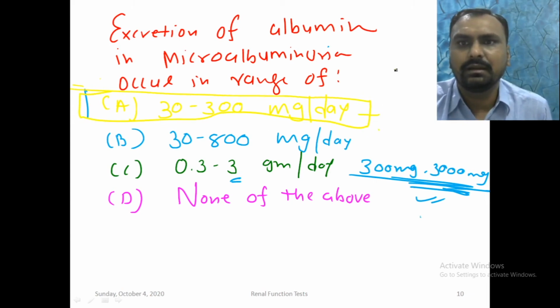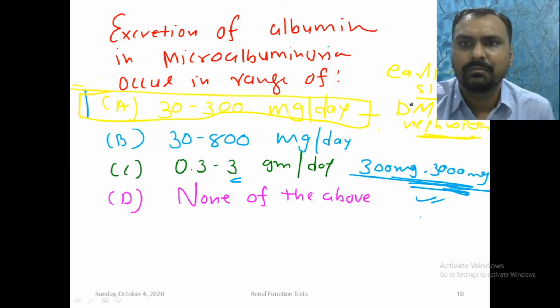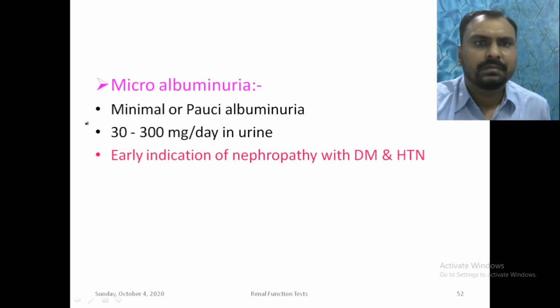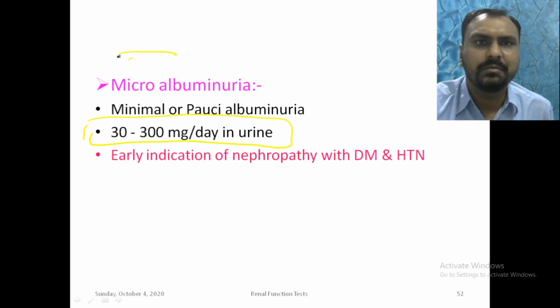Okay, and it is the earliest sign of diabetic nephropathy. Because of diabetes, increased blood glucose will damage the kidney, or due to hypertension, when the kidney is damaged, that is the earliest marker. 30 to 300 milligram per day in urine is called minimal, or possible, or microalbuminuria.